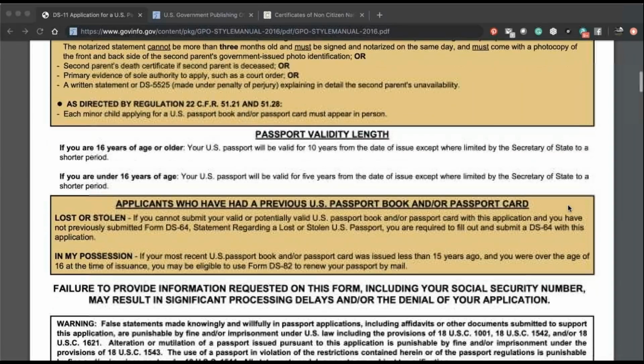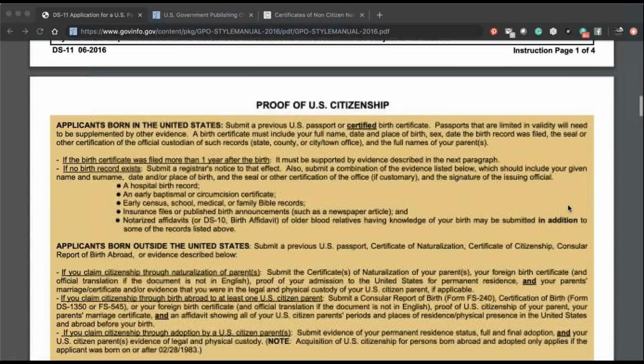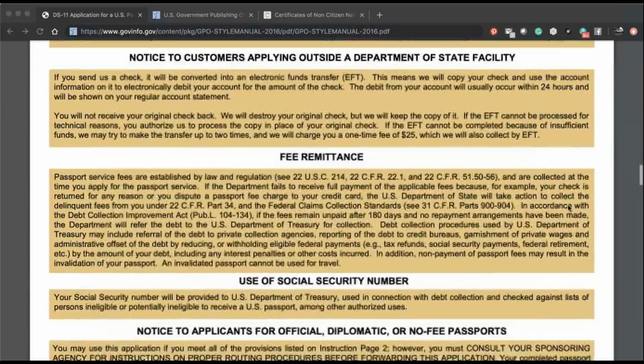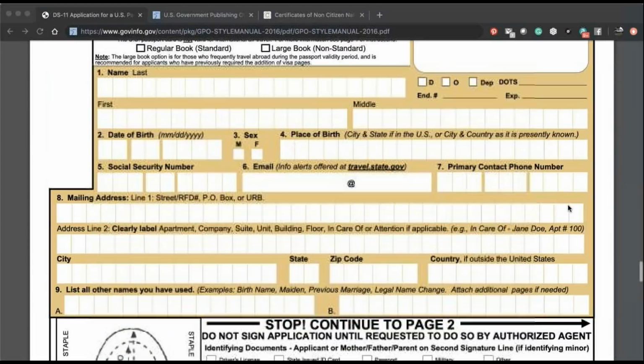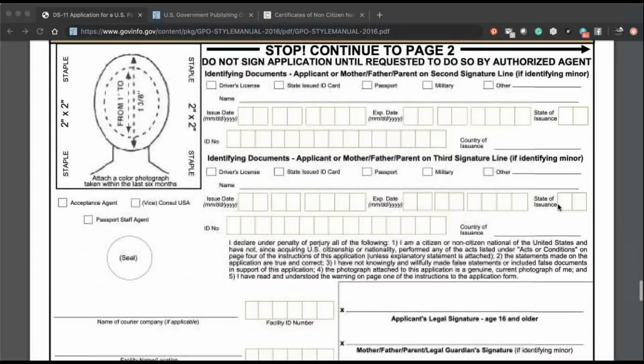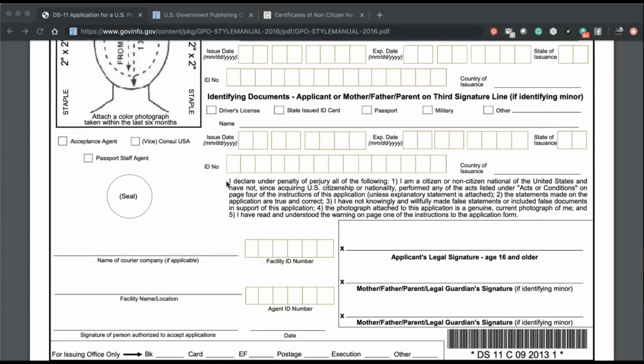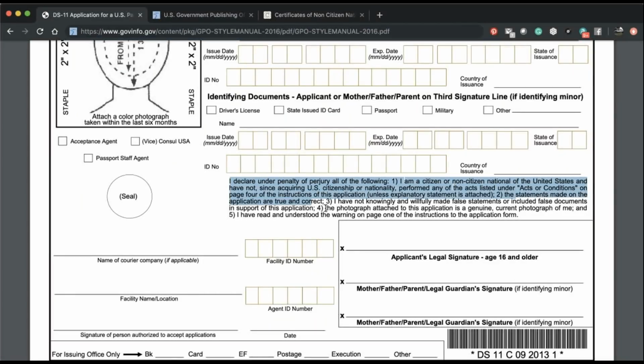Now, let's go down to the part that most people screw up on. All right, let's read this part here. It says, now, I declare under penalty of perjury all of the following. I am a citizen or a non-citizen national of the United States.